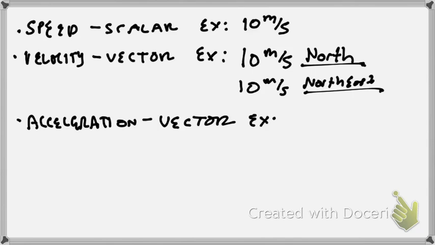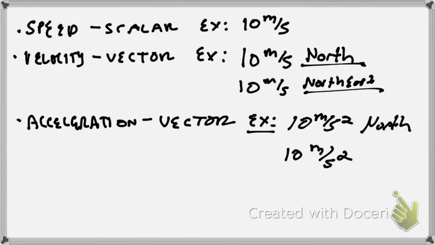We can say that an object is accelerating 10 meters per second squared north, or 10 meters per second squared northeast.